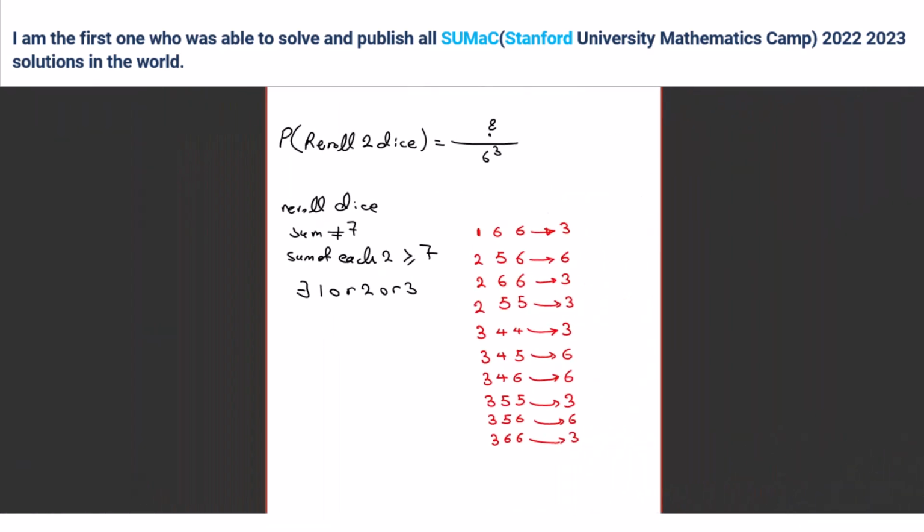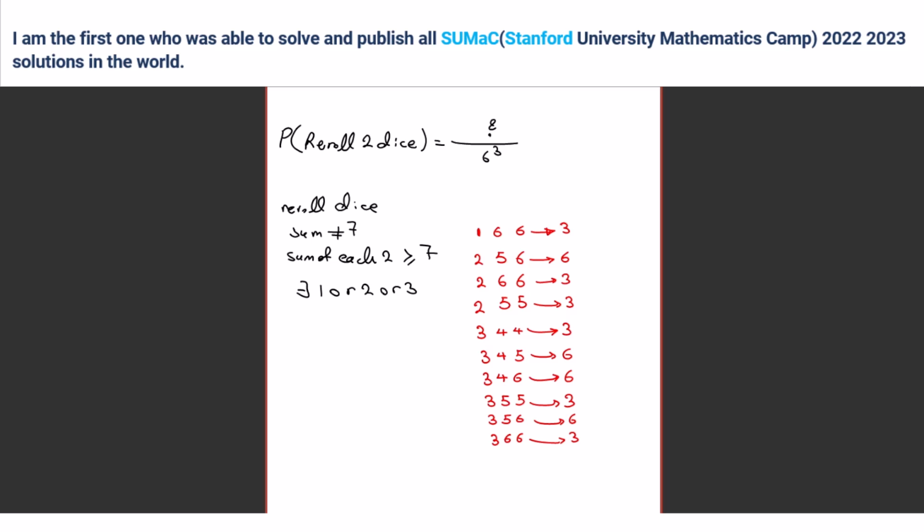Now 4, but 4 can't work. So if we add all these up, we get 6 plus 18 plus 24, which is what? You get 42.